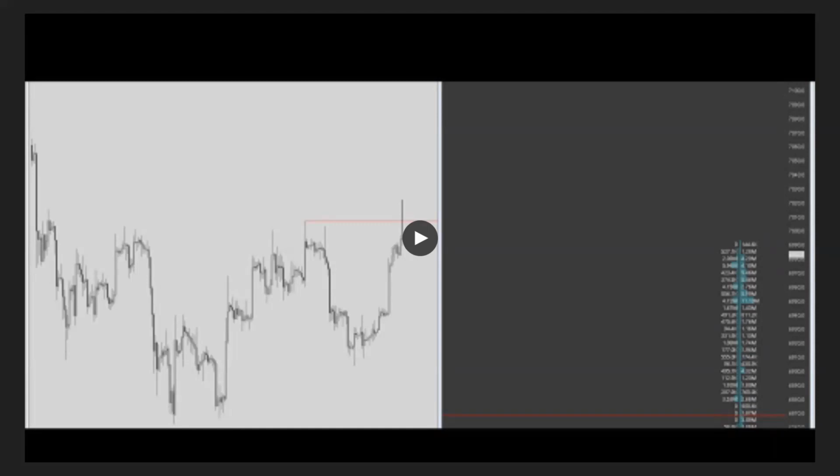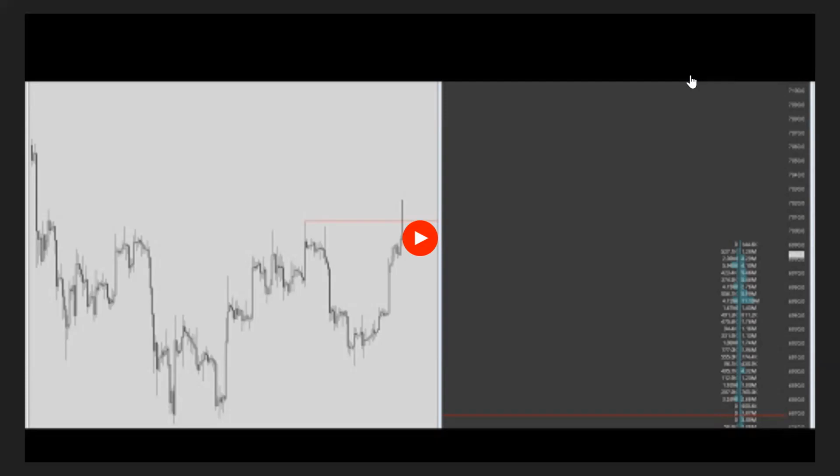So in this case, I got in long when I saw that change in pace on the footprint, basing consolidation below the high, which I expect to be weak, and then all of a sudden aggressive buys start coming in. That's the trigger, the sudden and usually quite dramatic increase in volume.